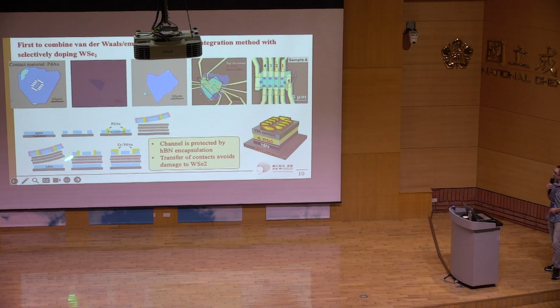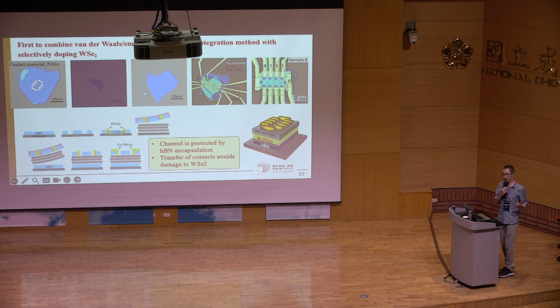Pick up both of those and stack them on our bottom boron nitride layer to create this sandwich structure. Finally, we just etch a rectangle so that we remove all this unwanted material around the edge.